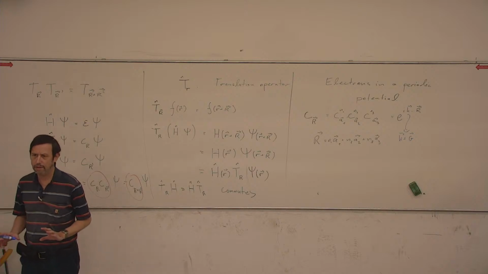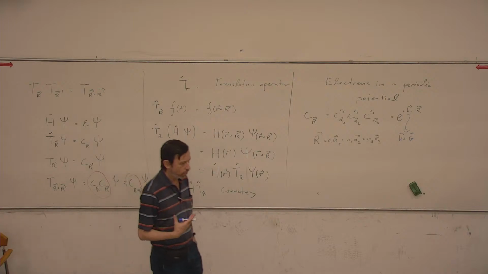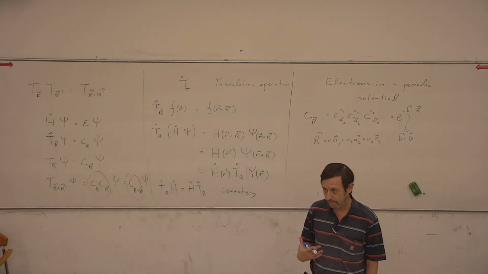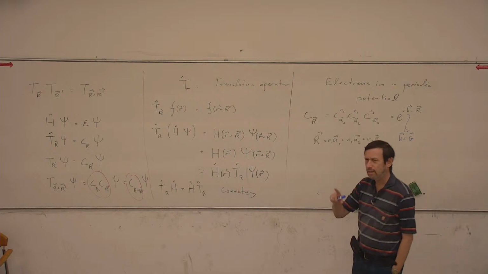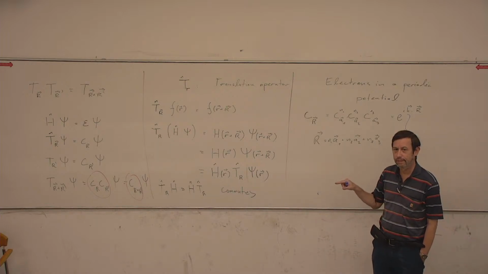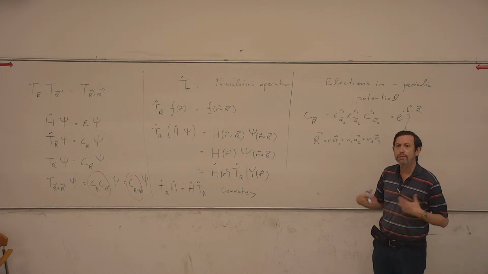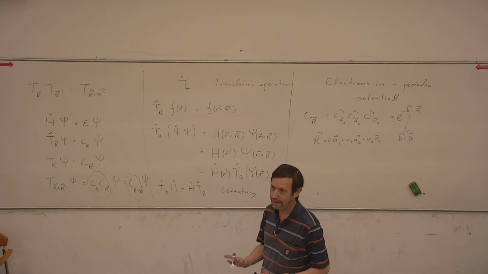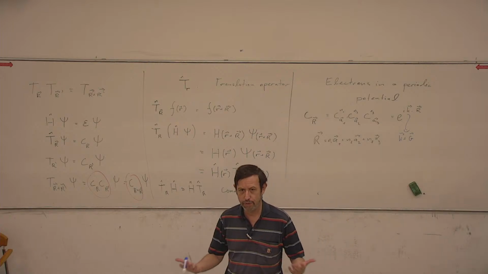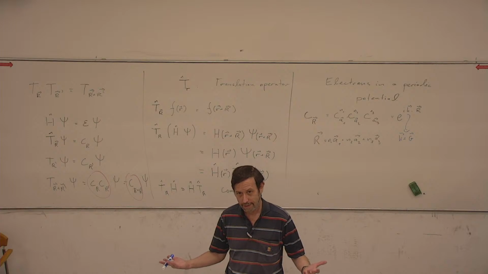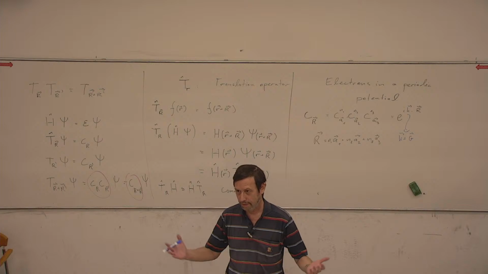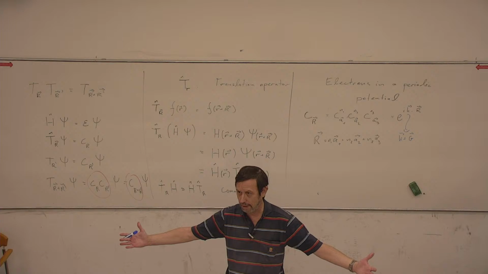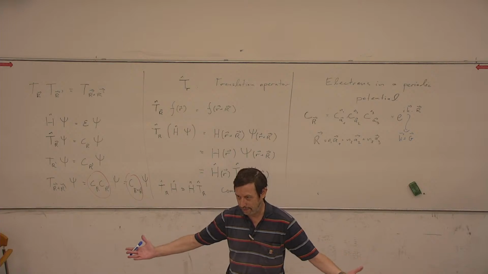and now I'll say something that we'll see in more detail further on. You remember that I started with n of k. The number of degrees of freedom doesn't change by the fact that I have a periodic potential here, right? If I had a free electron in an infinite space, any k could describe it.